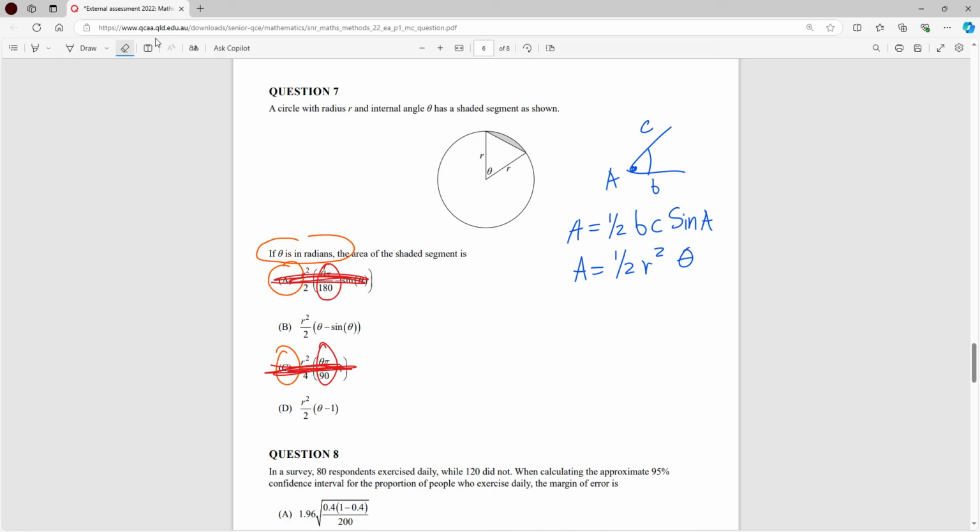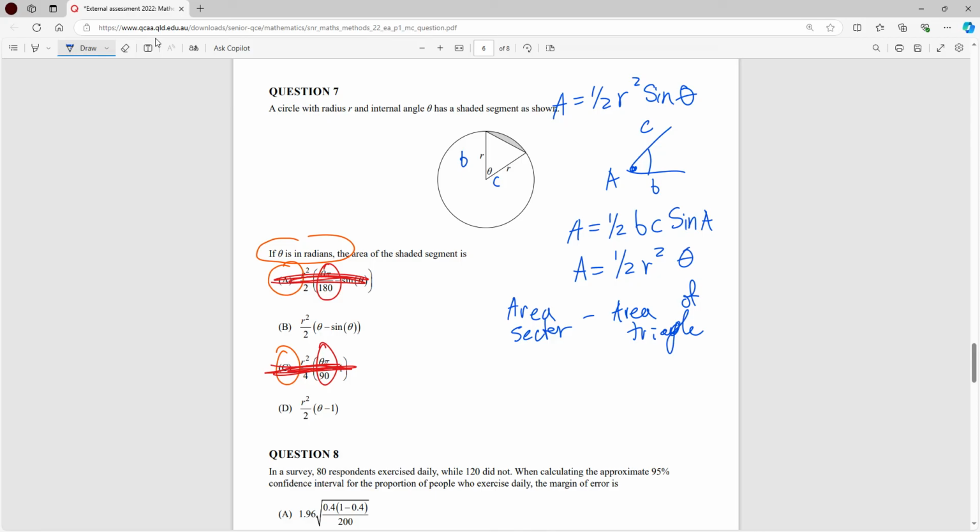So I would go, it would be the area of the sector minus the area of the triangle. Okay. So here I would substitute these, this is your B and this is your C. So here the area of your triangle would be a half r squared sine theta.